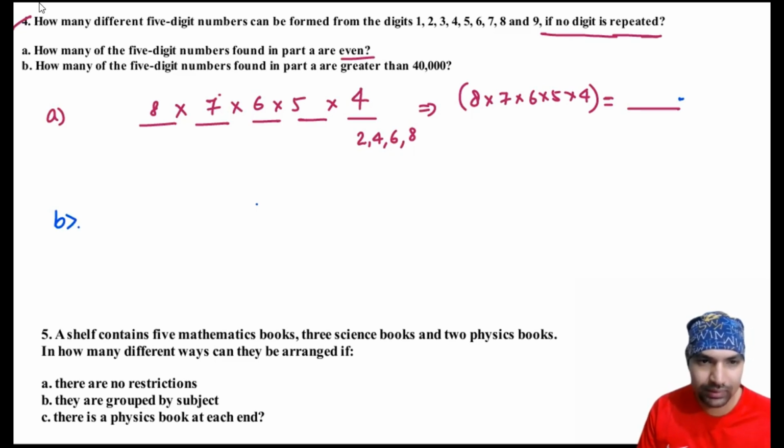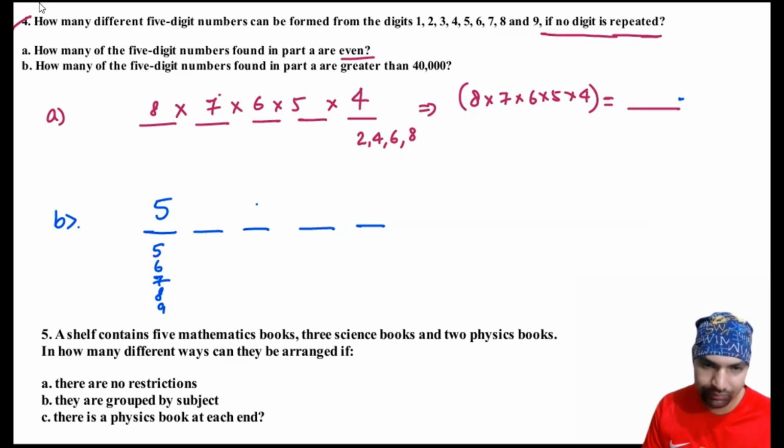Perfect. Now the next thing is, how many of the 5-digit numbers found in part A are greater than 40,000? Okay, so greater than 40,000 means the leftmost digit should either be 5 or 6 or 7 or 8 or 9, right? So I can fill the first digit from the left in 5 different ways.